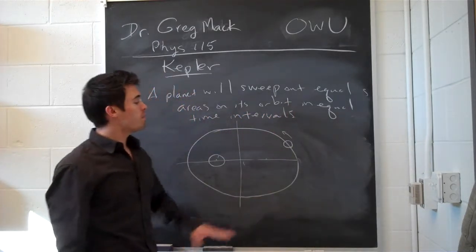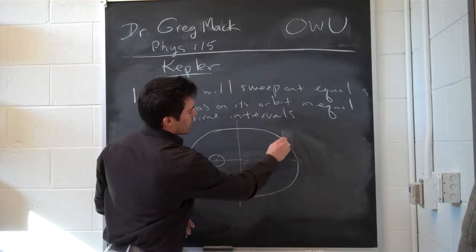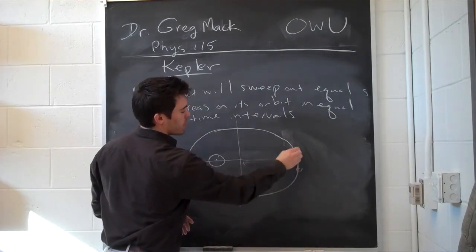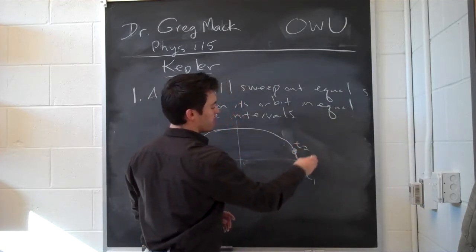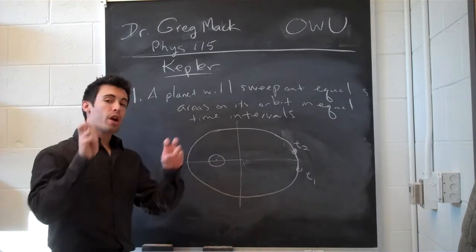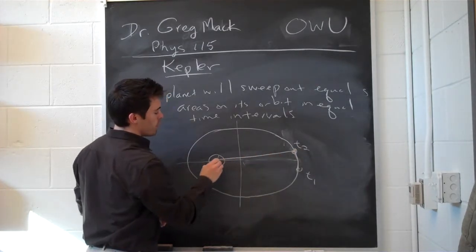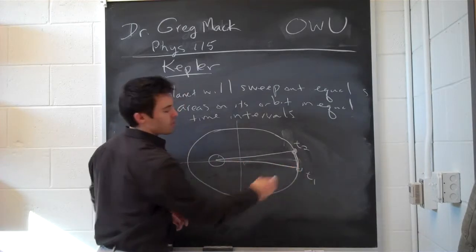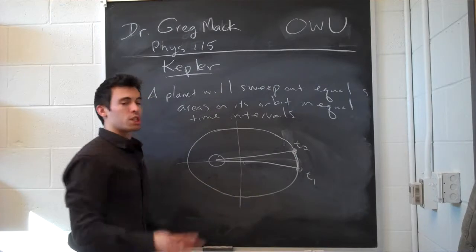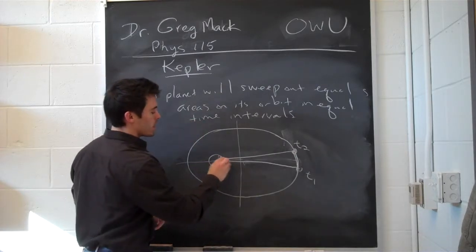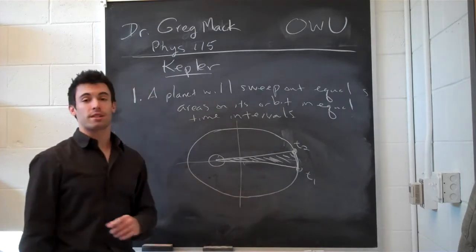What does that mean? It means that if you're looking at, say, a point in its travel from here to here, T1 to T2, the area in question is the area from the focus out to the edge. So, moving from here to here, it sweeps out an area from the focus equal to this irregular pizza slice.